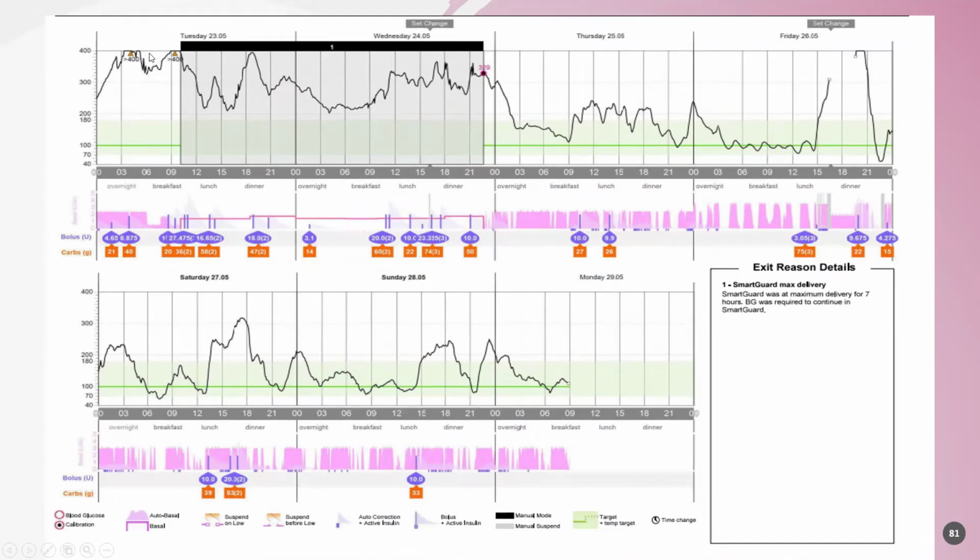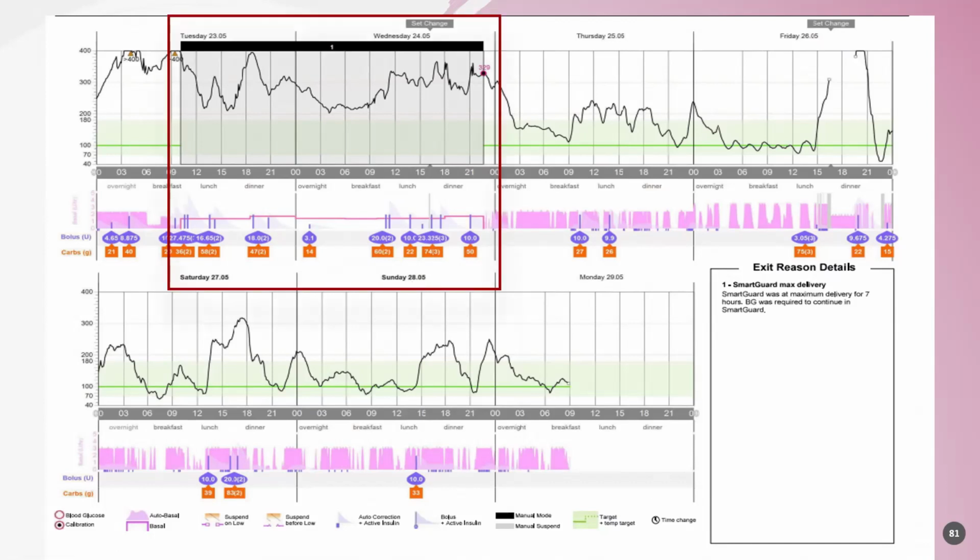If it is not matching the sensor value, it will ask you to give another one. If that one is also not matching, it will immediately give you an error, disable the sensor glucose reading from entering the pump, and go to manual mode.